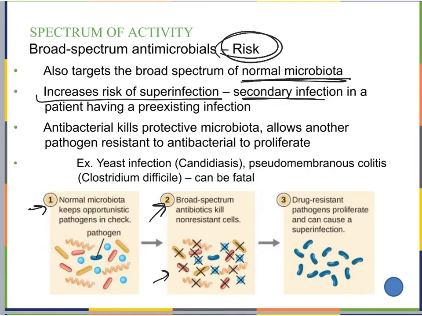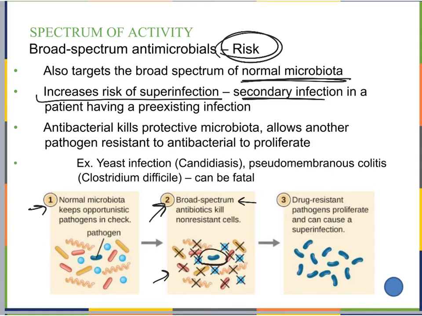However, if we take a broad spectrum antimicrobial and we wipe all of that out, now our pathogenic bacteria is saying, fantastic, thanks for getting rid of all those guys for me. I have plenty of nutrients now that I can eat, and I don't have any competition. So you can see our broad spectrum antibiotics also kill these non-resistant cells that we have in our body.